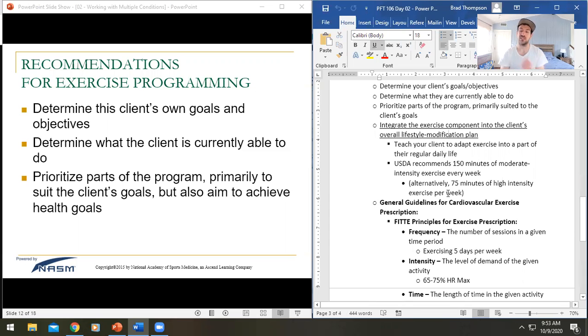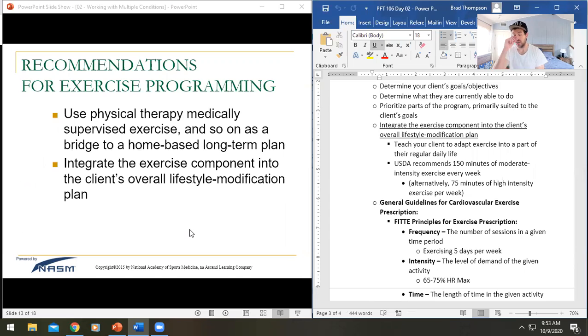And then prioritize the parts of the program that are suited to your client's goals. So if your client has the goal of losing weight, but at the same time they have diabetes, we want to make sure their nutritional program is based on the recommendations from their doctor. Maybe some of those things are effective for weight loss, but maybe some parts of it aren't.